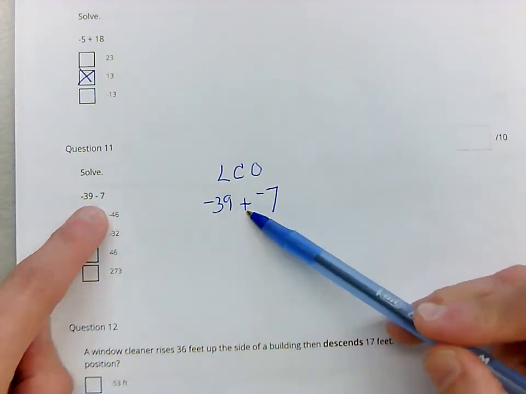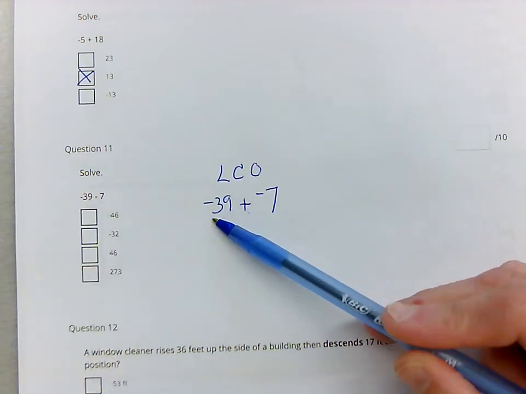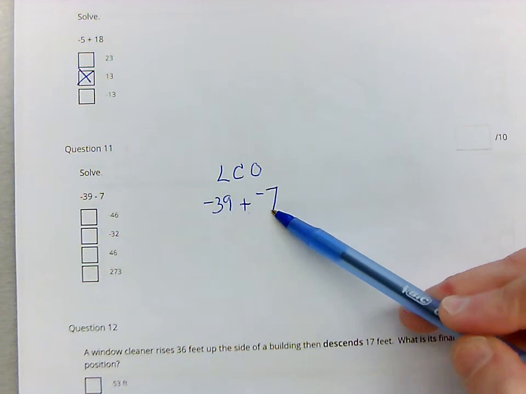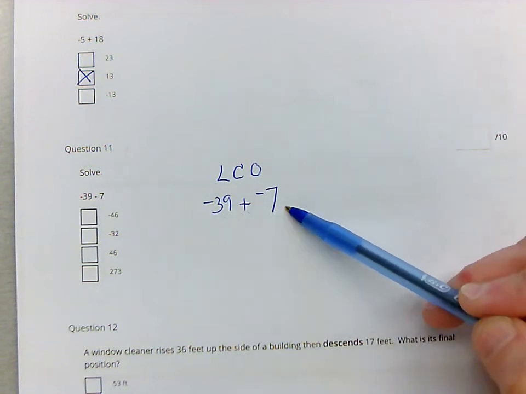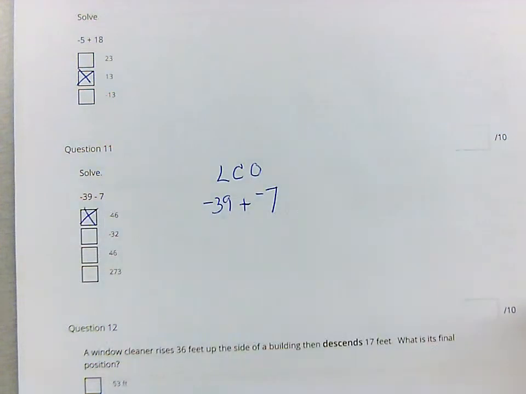Leave the -39, change to addition, opposite. That becomes -7. So here, -39 plus a -7, adding 2 negatives together, it stays negative. You're talking -46.